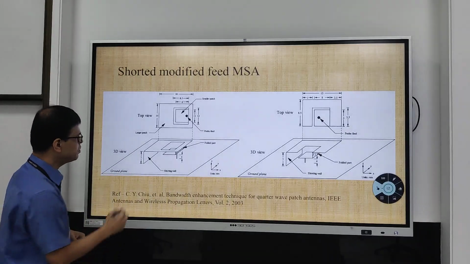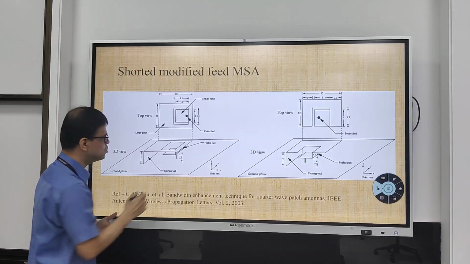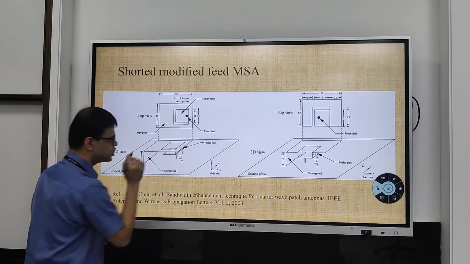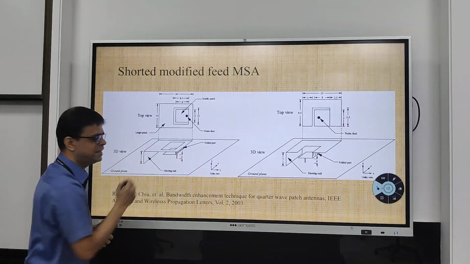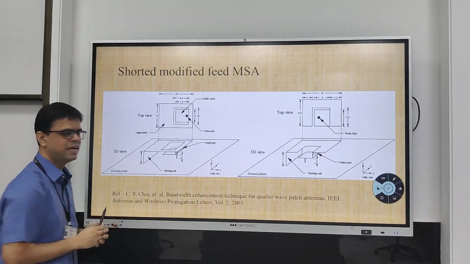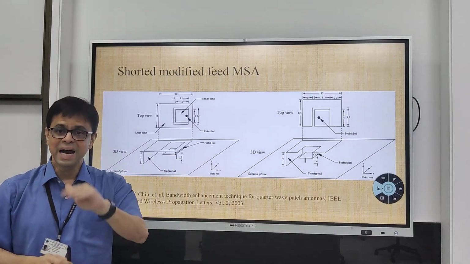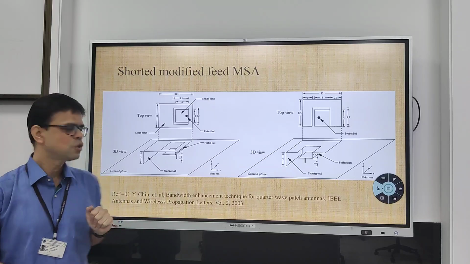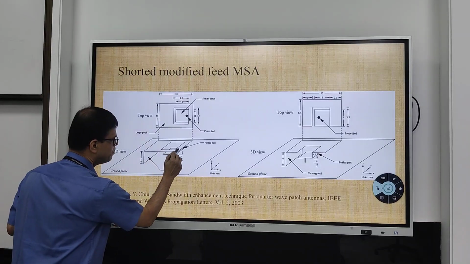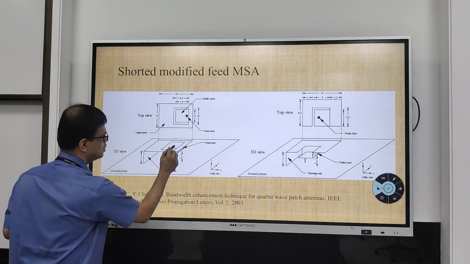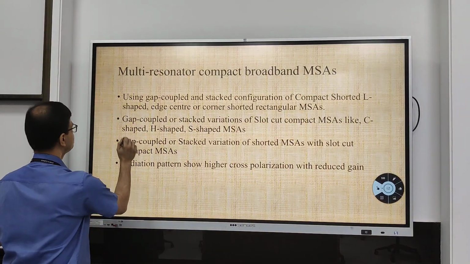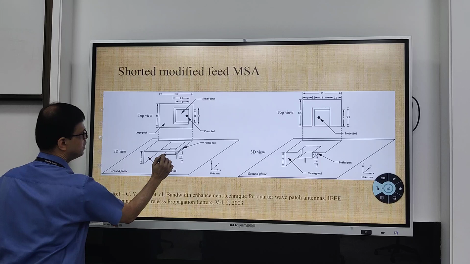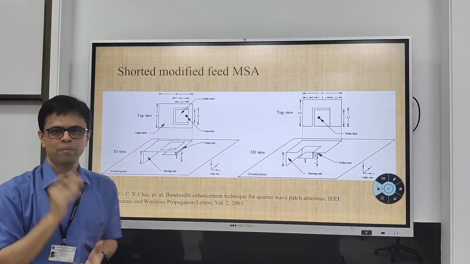So here, this is a thicker substrate which is used. Then you have an L probe section. Ideally speaking, your probe will go till this height to feed the antenna, but that will increase your probe inductance. So what we have done is create an inverted L section of this probe, and then at a lower height we feed this probe.